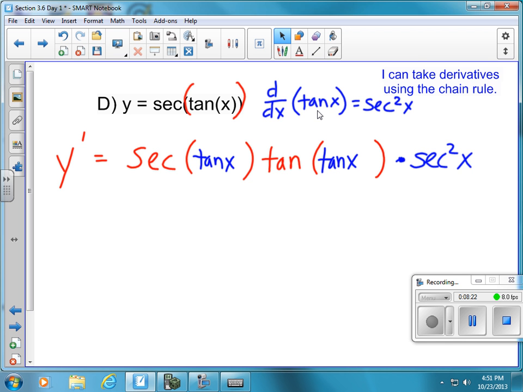All right, now that is our answer. We really don't need to simplify it anymore unless you wanted to write it a little bit neater. The derivative of the outside function is secant tangent, and the derivative of the inside function is secant squared. So all of that multiplied together is our answer. And that is lesson 3.6, day 1.